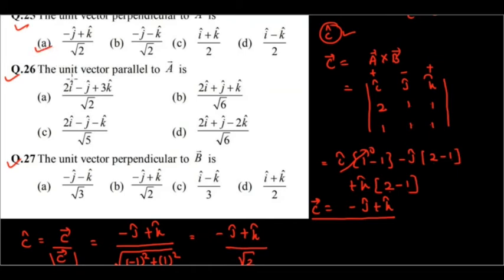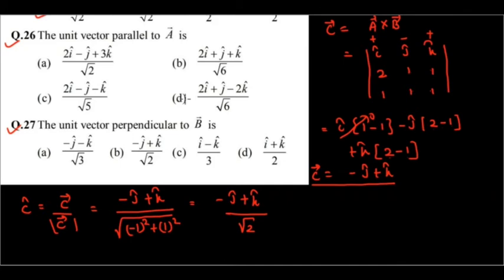Now we'll go to the next question, question number 26. We have to find the unit vector parallel to A vector. So parallel to A vector means we have to find a unit vector whose direction matches with A vector.